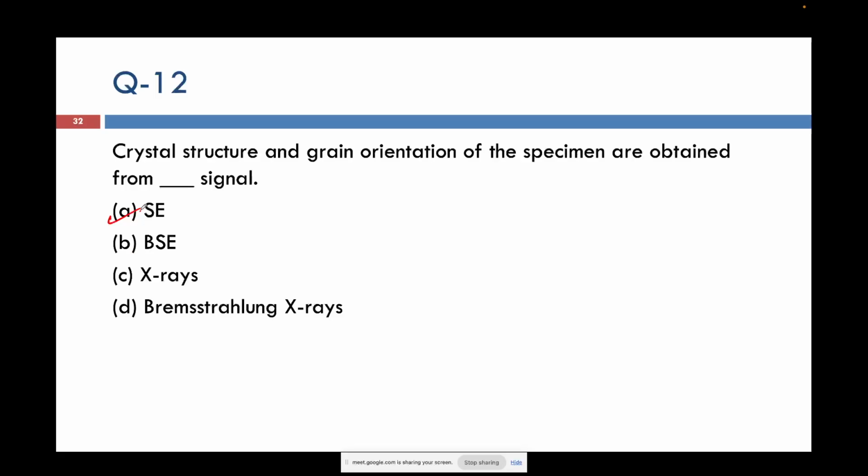You will get it from the SE. The BSE will not. X-ray will not give you the grain orientation either; X-ray gives the I versus 2 theta. Bremsstrahlung X-ray is the white radiation, and it will not give it. I am talking about the characteristic X-ray, which will only give you the position.